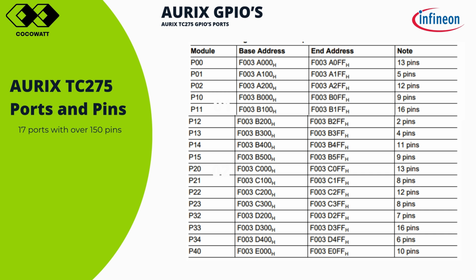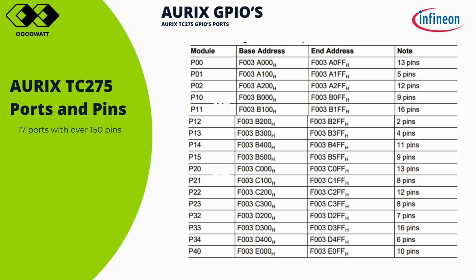One of the most powerful features of the TC275 is that each port can be configured independently. This allows you to tailor the microcontroller to the exact needs of your application. Whether you are working on motor control, communication interfaces or sensor integration, the TC275 offers very good connection options.